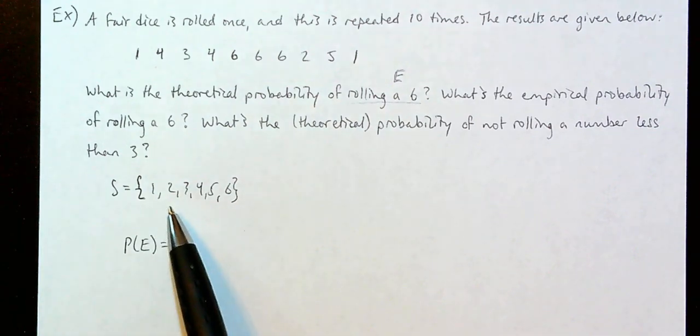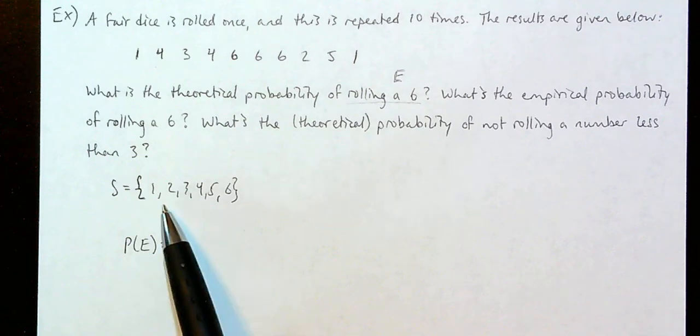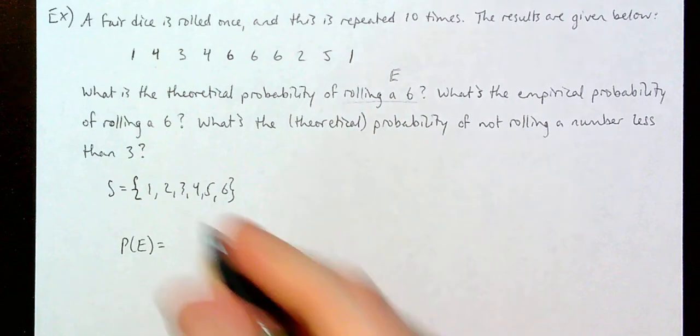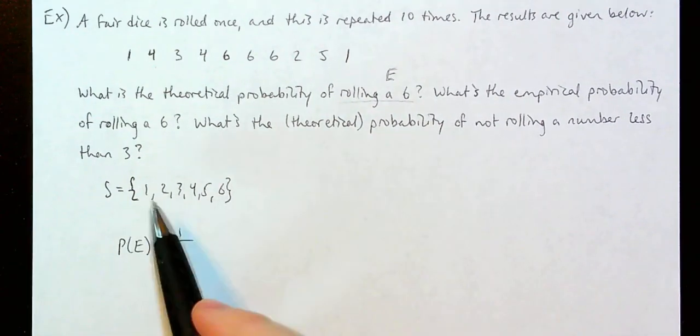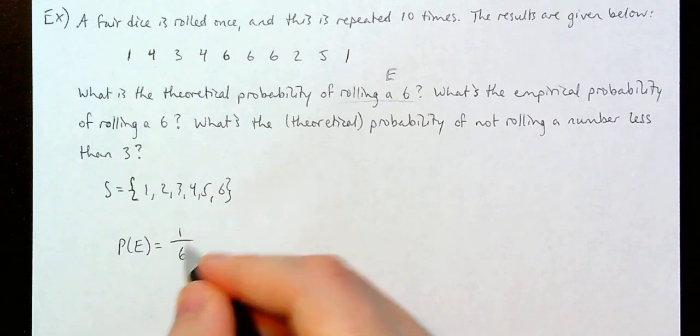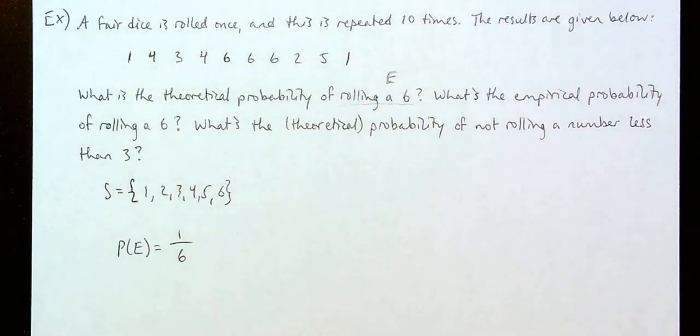Well, we're just looking at our sample space for this. There's only a 6 that happens once. And we have 1, 2, 3, 4, 5, 6 outcomes in our sample space. So P of E, the theoretical probability of rolling a 6, is going to be 1 over 6.